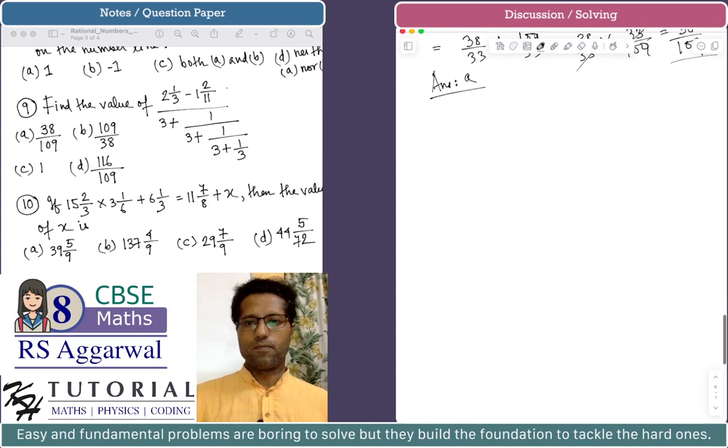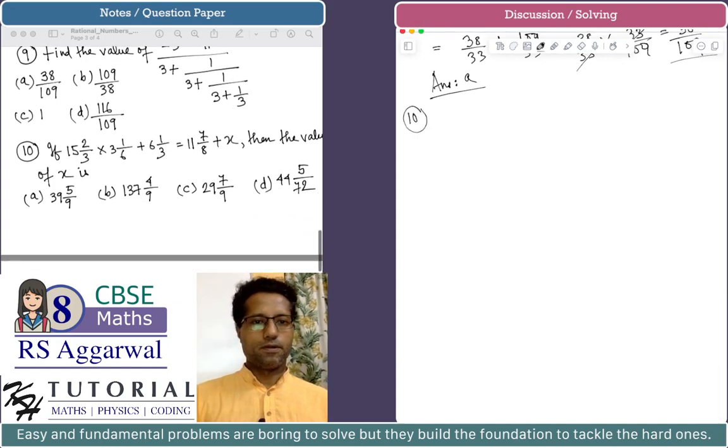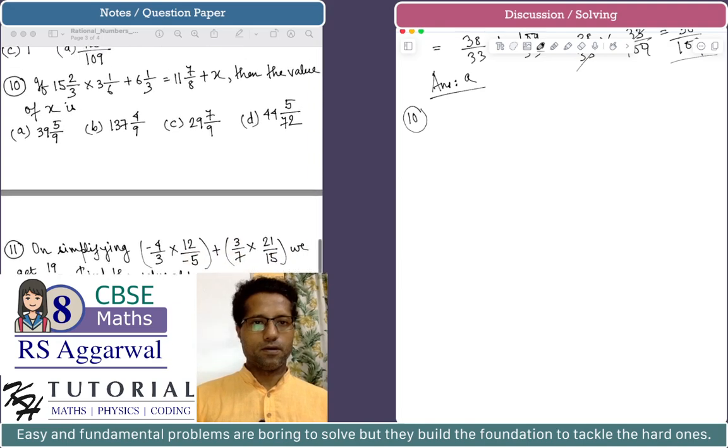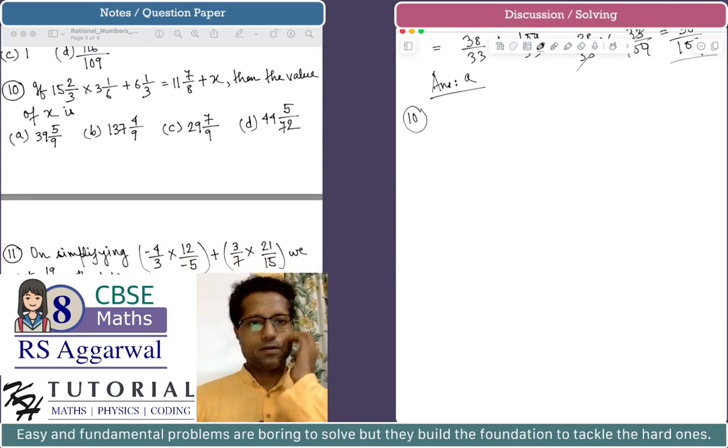Okay, let's do problem number 10. Problem number 10 says that if some equation is given, on the right hand side we have some term x. Okay, so what is given? Let's write it down.